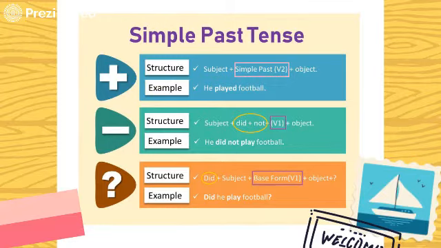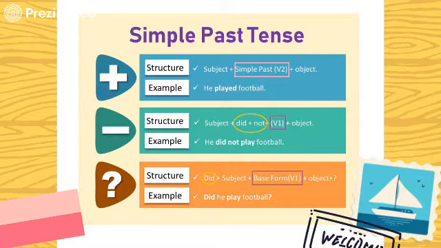Now we have the negative. The negative statement is the subject, then the helping verb did plus not, and every time you use the helping verb did, the verb returns to the base form, or the infinitive form. And finally, our complement.